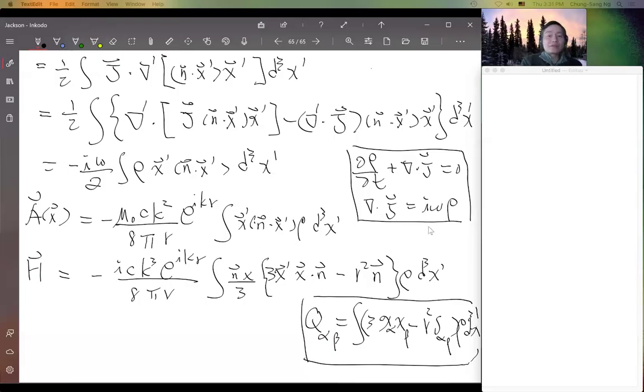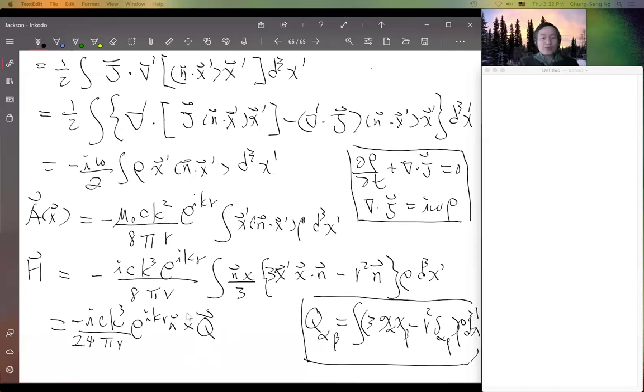So what we can formally write is like that now. This integral, n cross this integral, is a vector that we call capital Q. Combining 3 and 8, you get minus i c k Q over 24 pi r, the exponential function e^{ikr}, and then n cross Q vector.